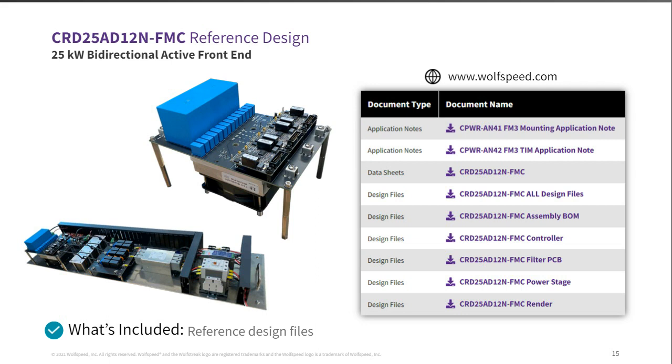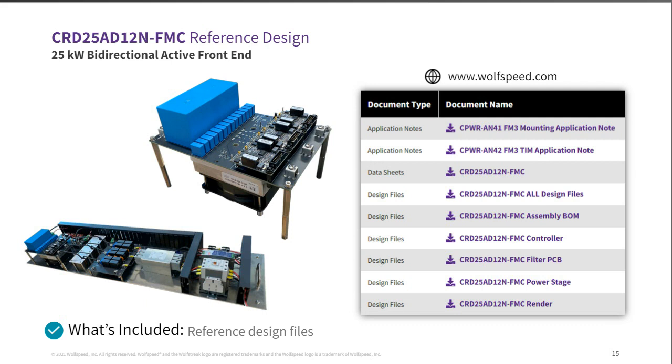So for this reference design, it's not available for sale, so it's not hardware that's available, but you can download all the relevant design files. This includes the assembly BOM.